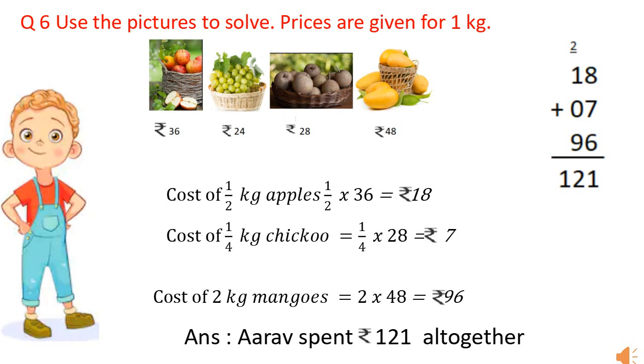So when you add up 18, 7 and 96, you will get 121. You can see that it's shown over here also. Fine. So write the final answer as Arav spent rupees 121 altogether.